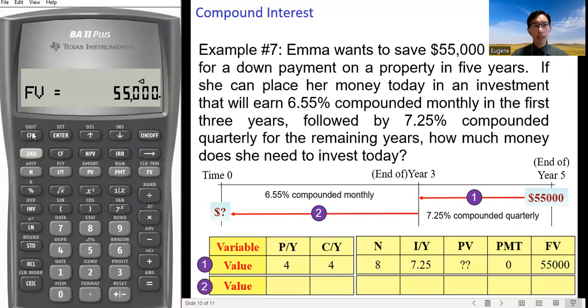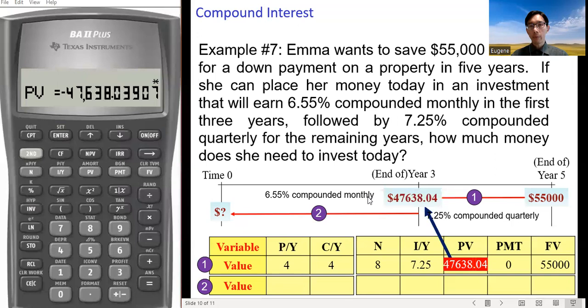Compute the present value. We get this amount. This is the equivalent amount of money at the end of year 3, $47,638.04. And we need to move this money backward in time for 3 years.